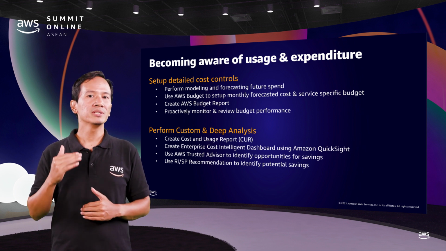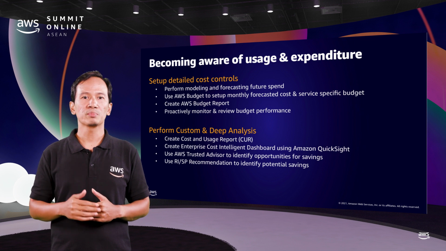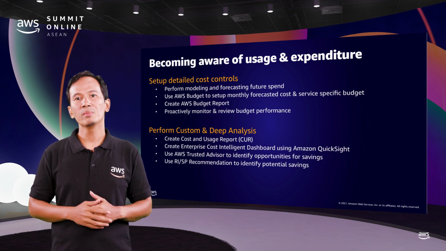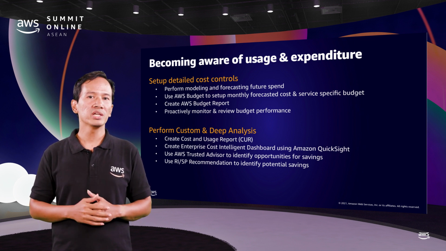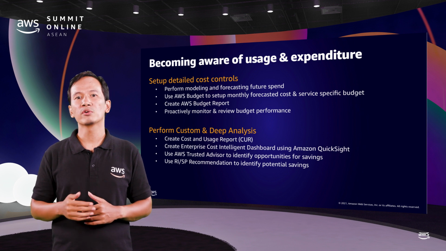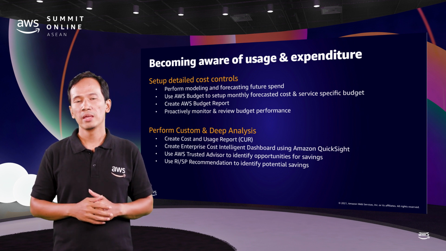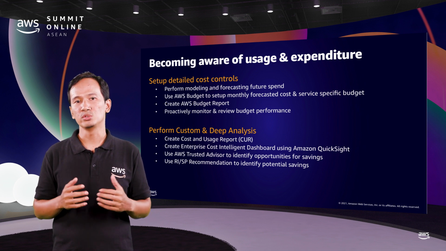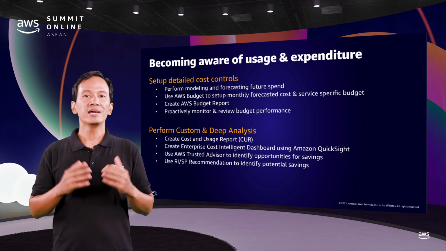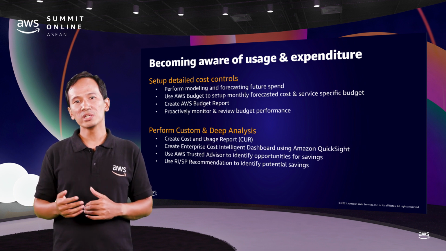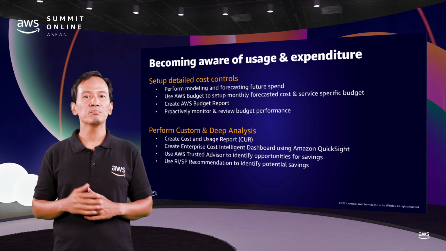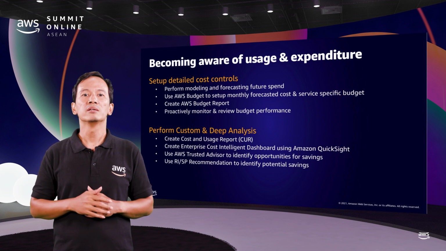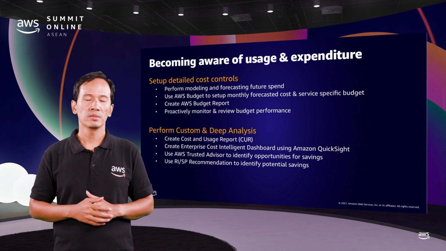Then, you can perform modeling and forecasting your future spend. Based on that, you might want to set up an AWS budget with a different budget for every month in a year, and a more specific budget for the group of services that you use. Once you've done that, you can create AWS budget report so that you can proactively monitor and review budget performance.